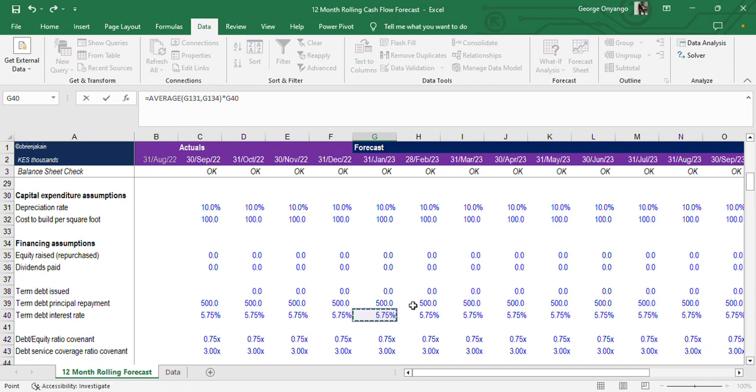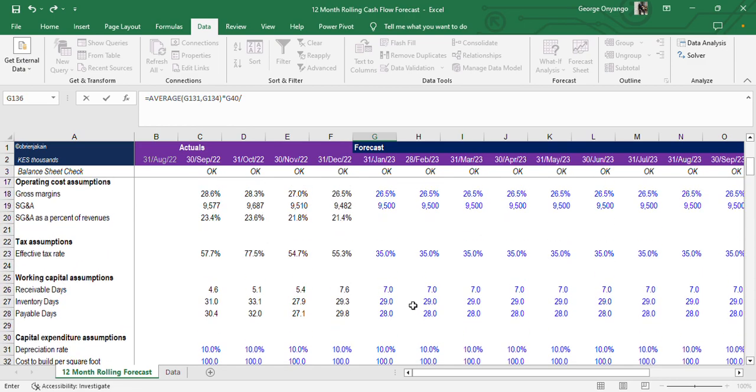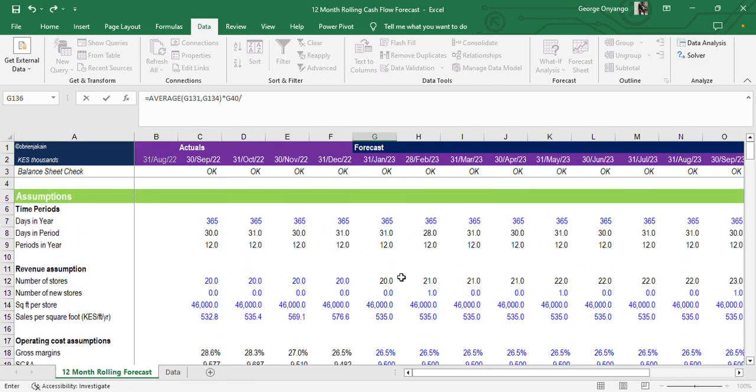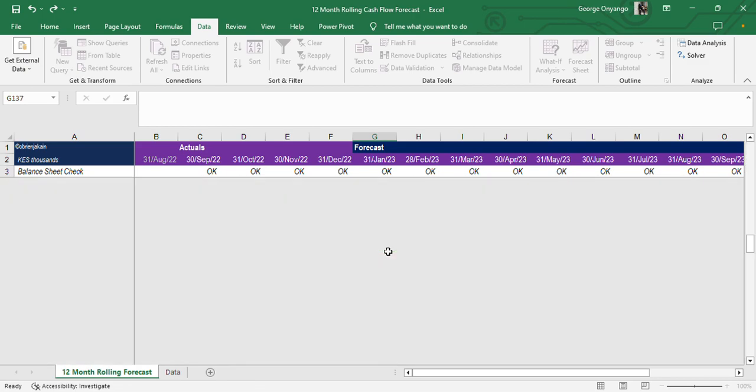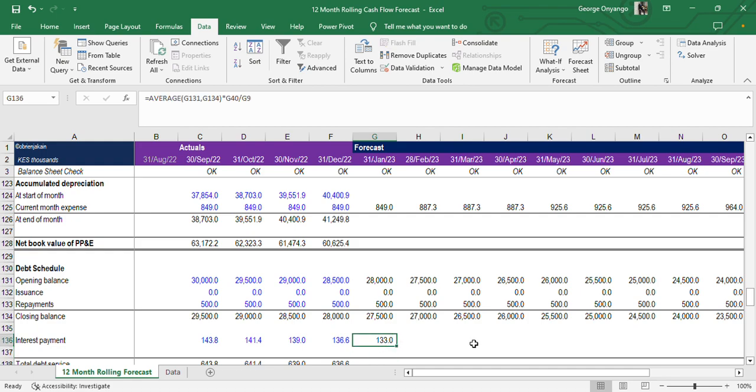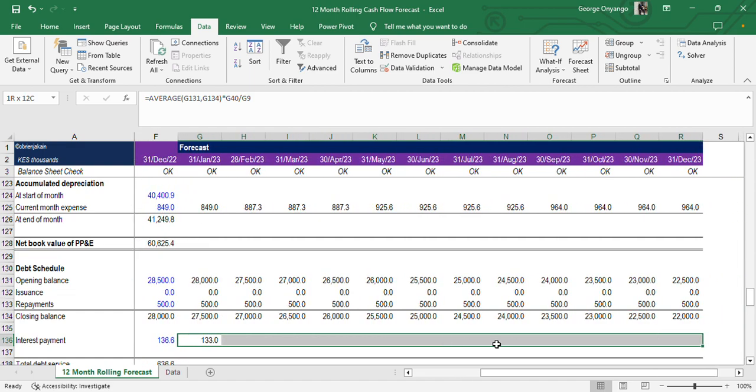Because this one is per year, we divide it with the number of periods in a year, so we get that. So basically that is going to be our interest. We fill that right, kaboom.